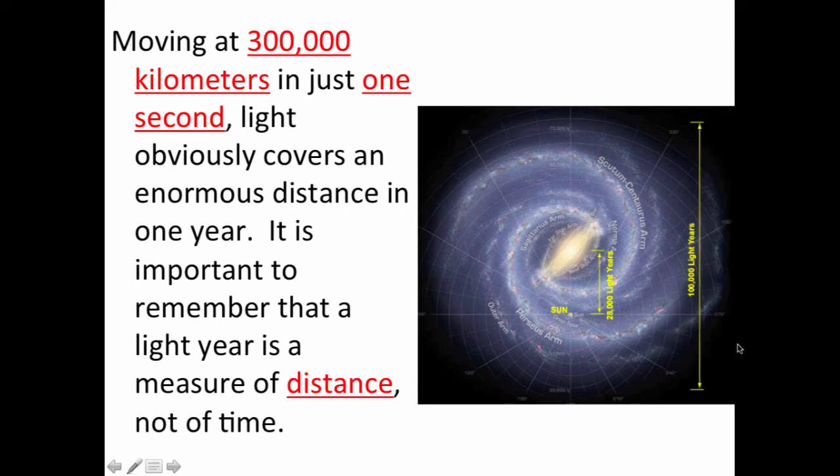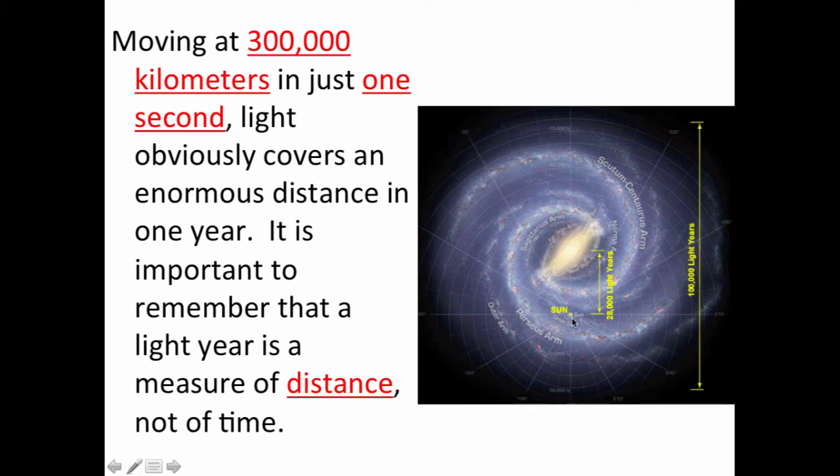So here's the entire Milky Way galaxy, okay? Our sun is right here on what is known as the Orion Arm, okay? Many people actually think that our sun is in the very middle of the spiral galaxy, which it's not, thank goodness, because there is a very enormous black hole in the middle.